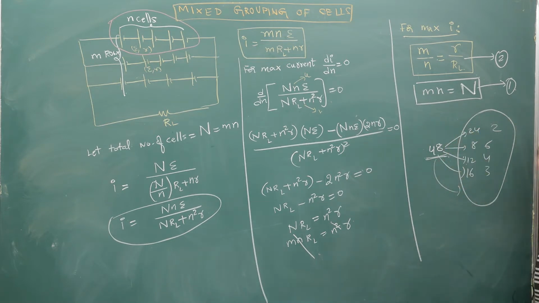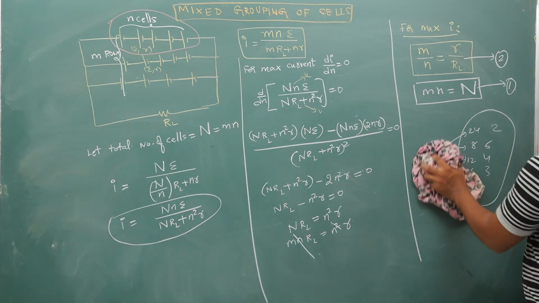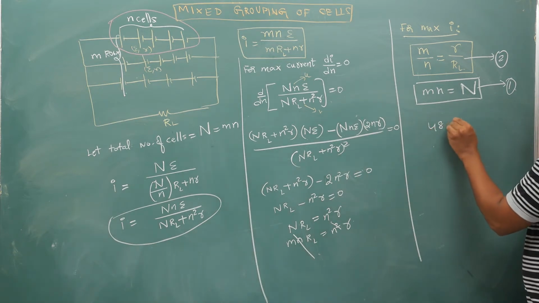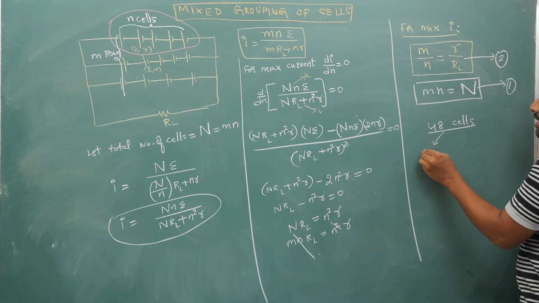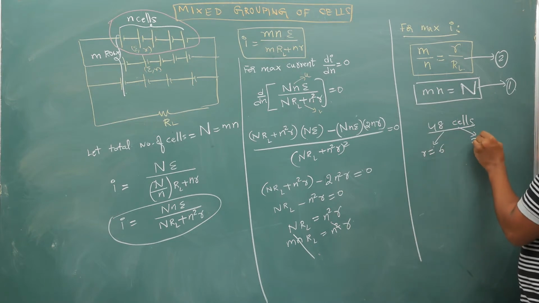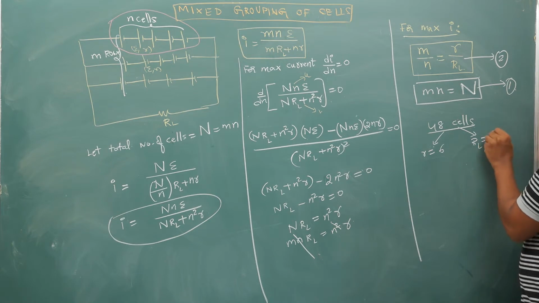Now for example, let us say you have 48 cells, and let us say your small r is 6 and your capital R is 8.